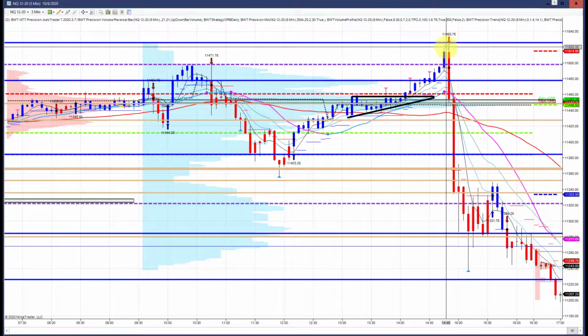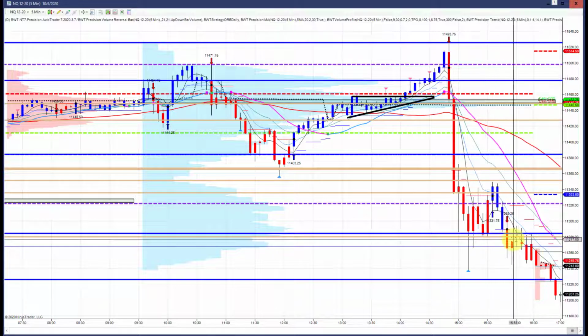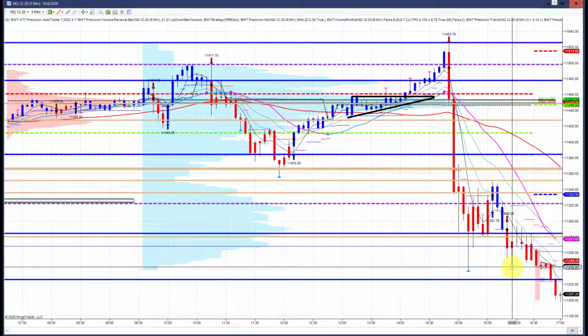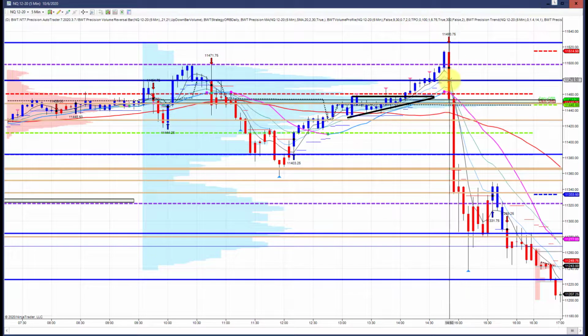This is news related, and it was perceived very negatively, because we have a drop from 11,525 down to the close, where it closed at 11,243. That's almost 300 points in the NASDAQ, or 1,200 ticks, and the market is still weak here. So a news-related event can really shake the markets.